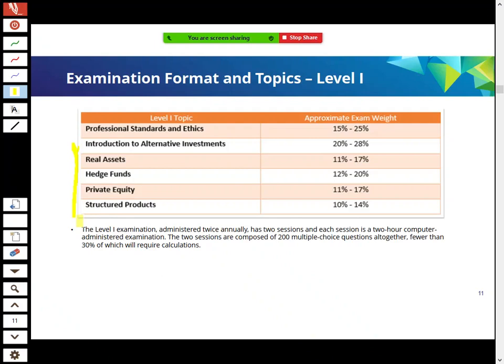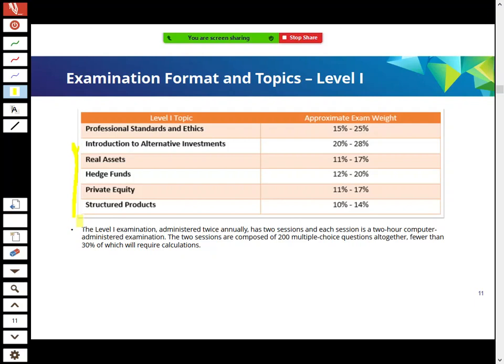I used to get questions from students about whether the examinations are very quantitative. But as the CAIA always tries to clarify, in the examinations calculation is not everything.